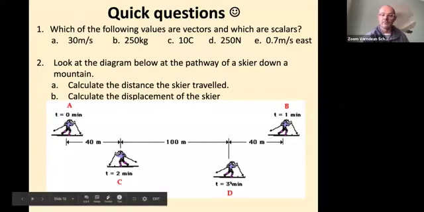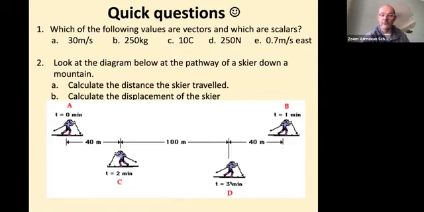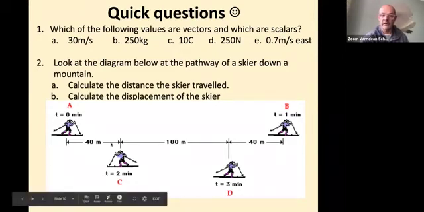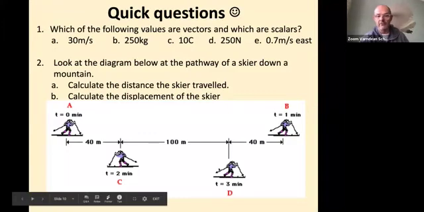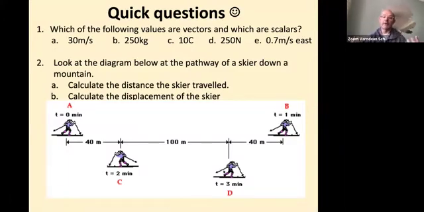And they've gone 420 meters in total. 40, 140, so 180. Back this way with another 140, so 320, and then another 100 to there, 420 meters. That is the distance the skier traveled.